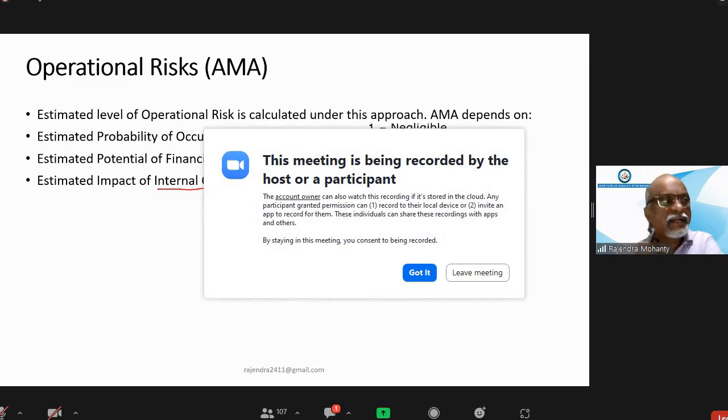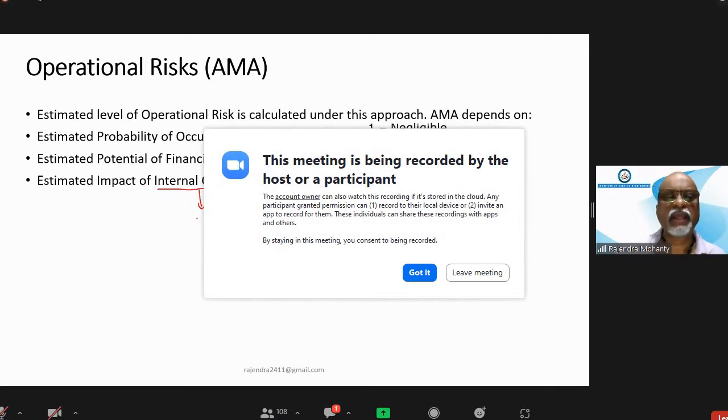How is it calculated? It is based on the logic of whether the bank can control the likelihood of happening of any event. Now, suppose this control is there. So through this control, the bank can prevent the losses of any such operational risk events. Then in the future also, the bank can manage or control or mitigate similar kinds of operational risk.